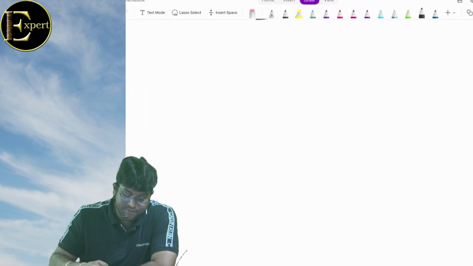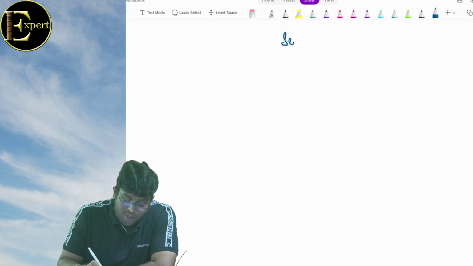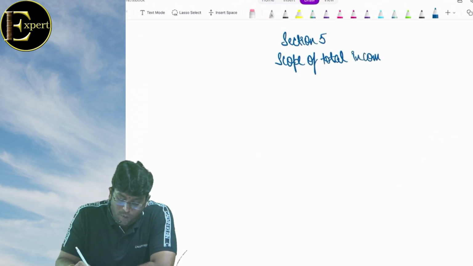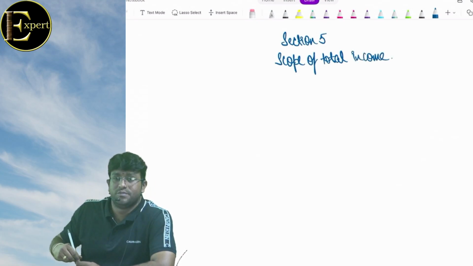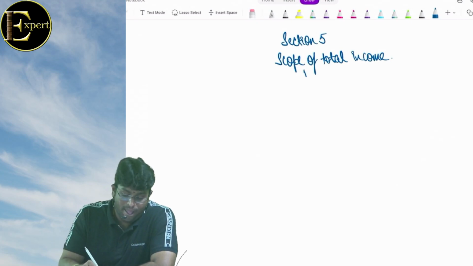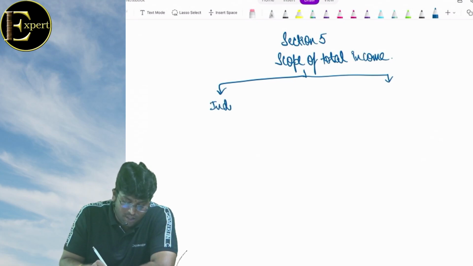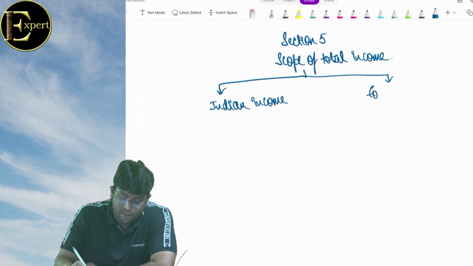Let me proceed. We have got a brilliant section known as section 5, which deals with the concept of scope of total income. As per that, income is divided into two categories. Number one, Indian income. Number two, foreign income.